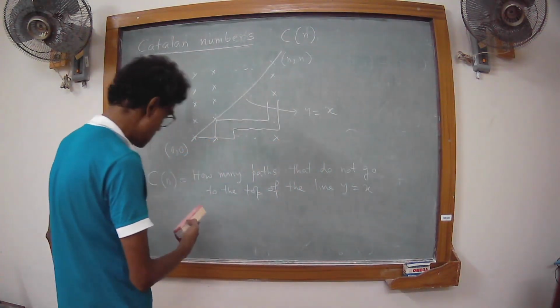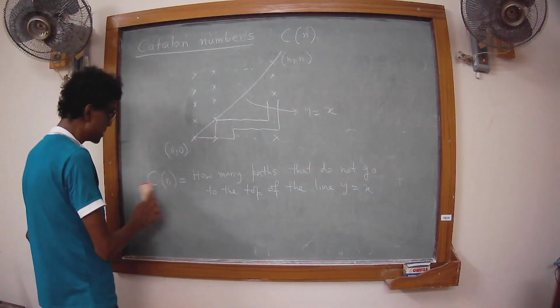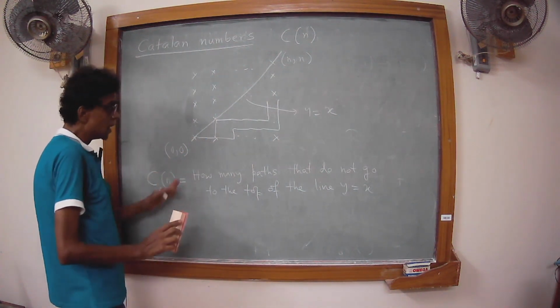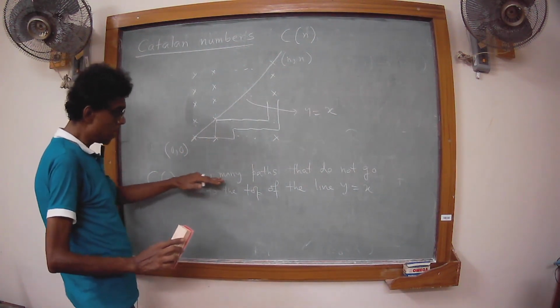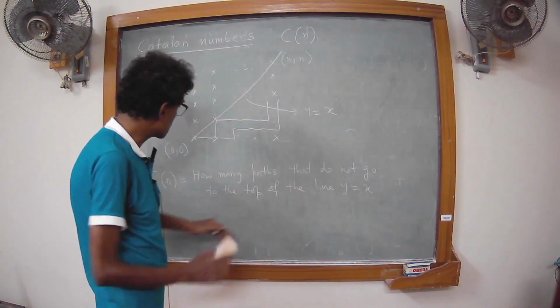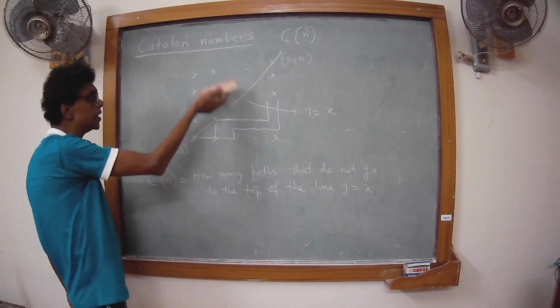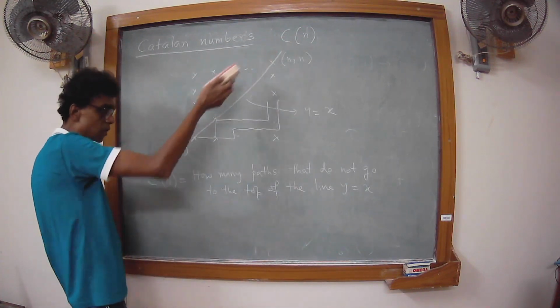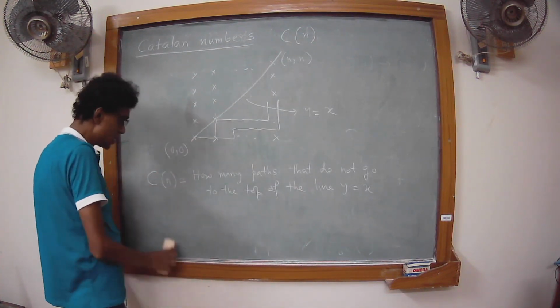So I will tell you an application of why we study Catalan numbers. But the definition, I believe, is clear, right? How many paths are there from 0,0 to n,n that do not cross or go to the top of the line y equal to x?